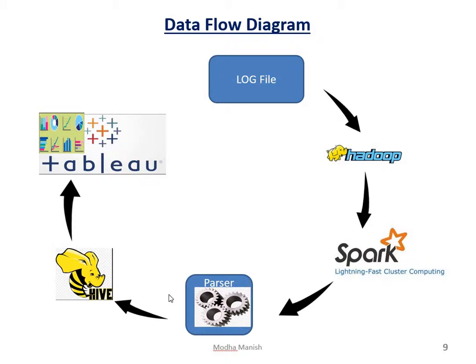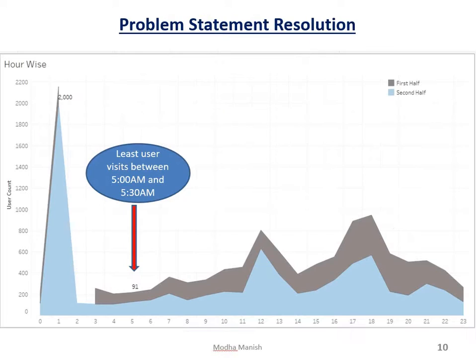The result I am loading into Hive so we can apply some queries and analysis at a high level too, and from Hive my final result set I'm loading into Tableau to get a very good chart, so we can get some meaningful information using Tableau charts.